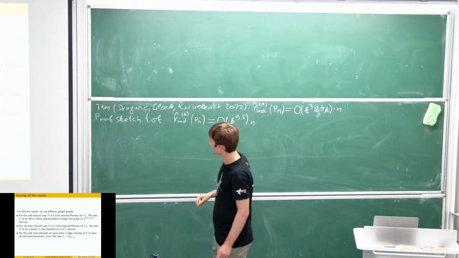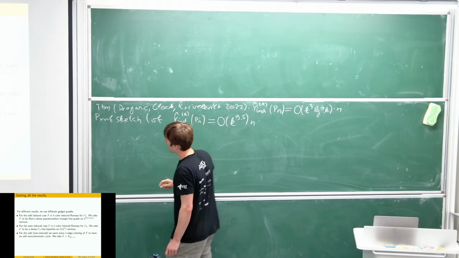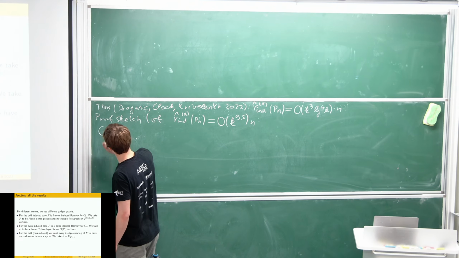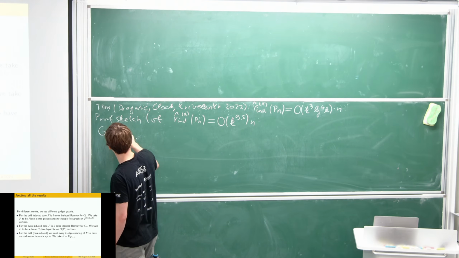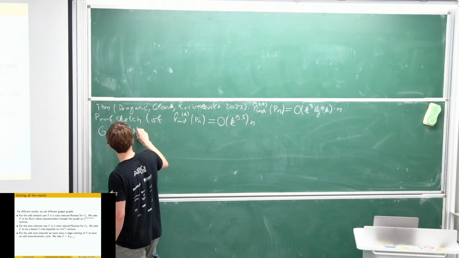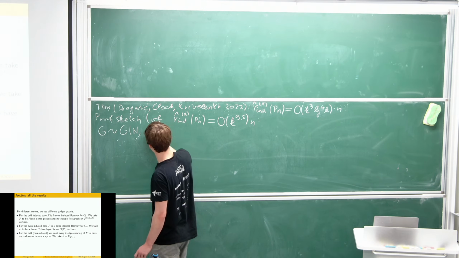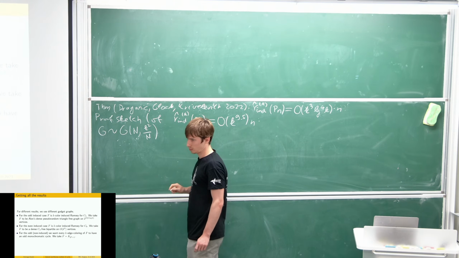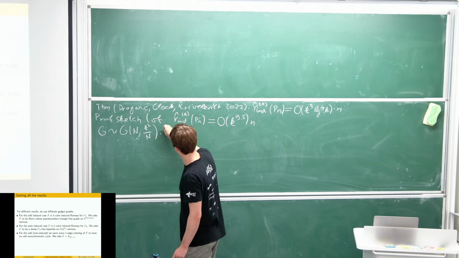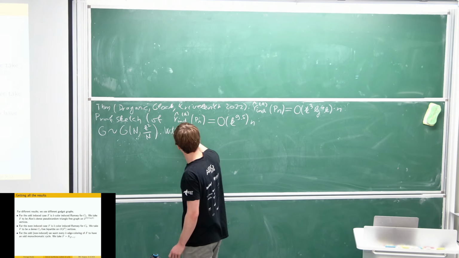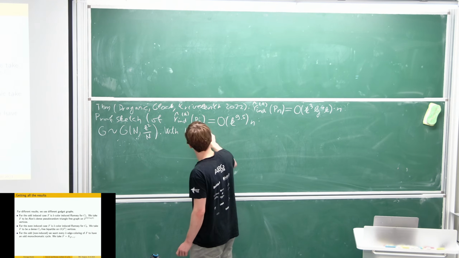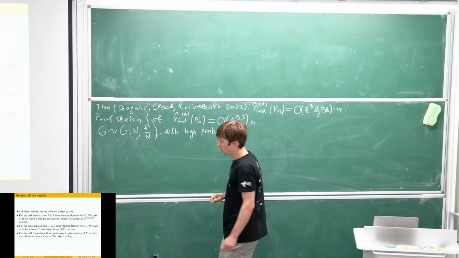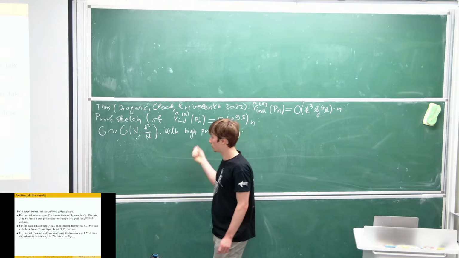Okay? So you take G to be a binomial random graph on big N vertices with edge probability k squared over n. Okay. So let me just write you two very easy properties of this random graph which hold with high probability.